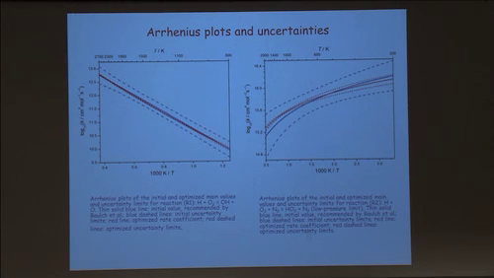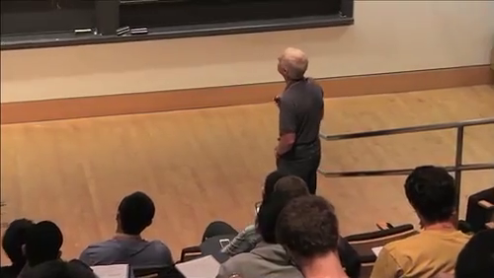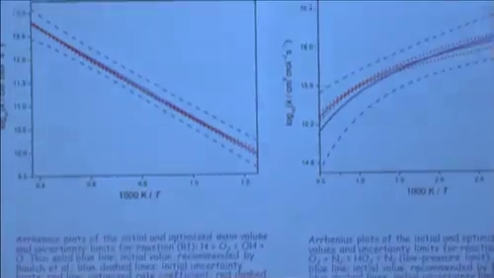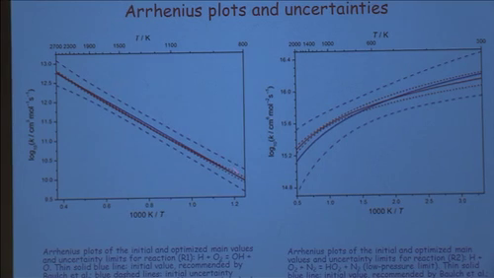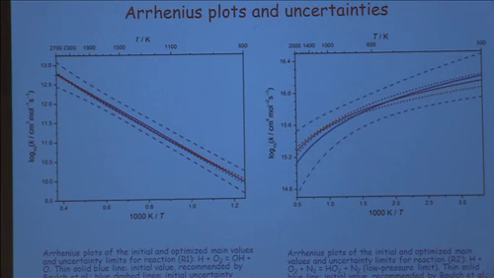Just let's concentrate on this slide over here, which is for H plus O2 going to OH plus O. And unfortunately, your stuff is in black and white, which leads to problems here. But the blue line there is the recommendation that comes from the evaluation panel. And the dashed lines show you the envelope of determinations.